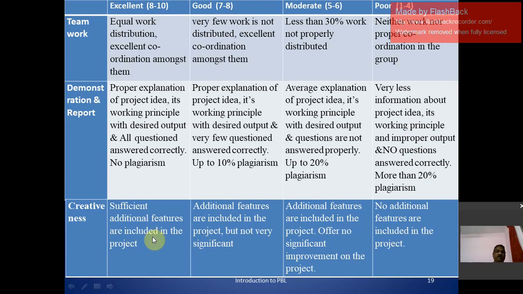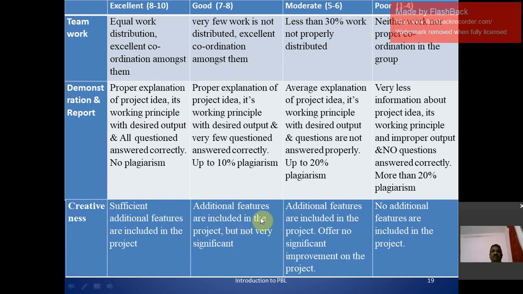Creativeness means whether the group has performed some additional work or not. For that, you may assign some marks. Sufficient additional features included in the project is the excellent category.